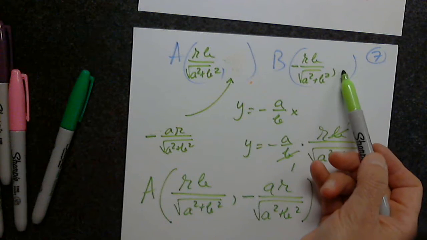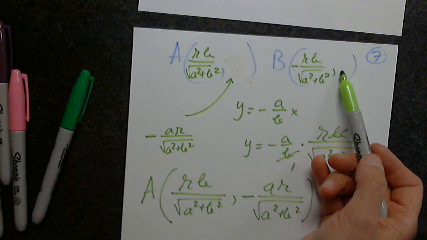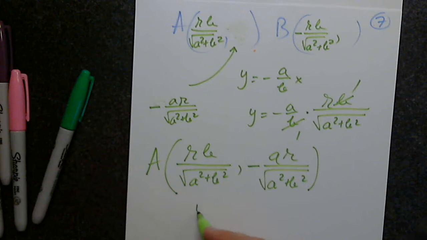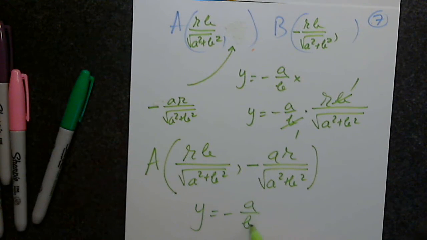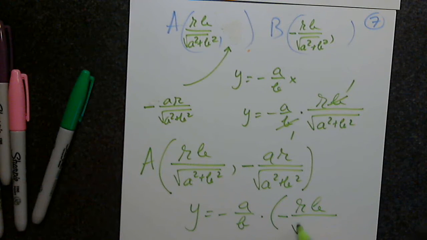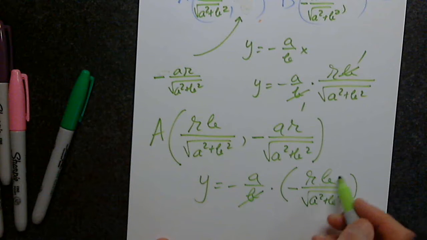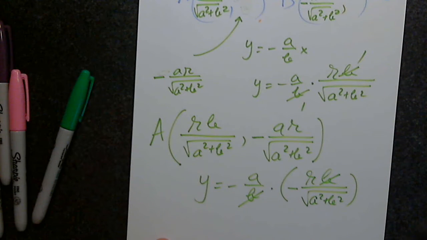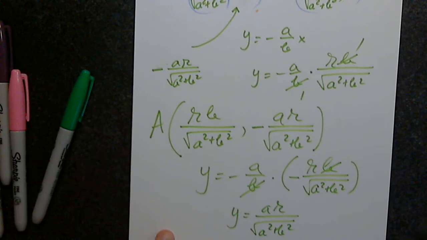In the same way, I have to determine the y-coordinate for B. So the y-coordinate for B will be negative a over b multiplied by this, which is negative rb over the square root of a squared plus b squared. I will simplify, and this changes into positive. So this y will be AR over the square root of a squared plus b squared.